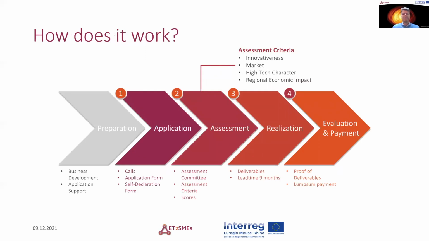Now, how does it work? As a first step, in gray, what I mentioned earlier is the preparation of the application. So if you have a project idea and you have plans to innovate, to develop a product or technology, and you're looking for a partner, the business developers in your region can support you with finding a suitable partner cross-border, help you with defining the project, also help you with setting up the application for the voucher scheme.